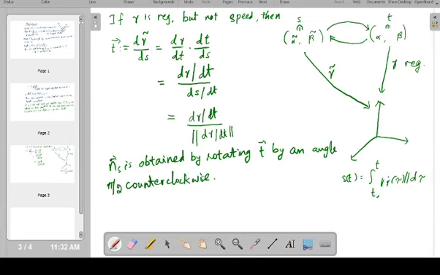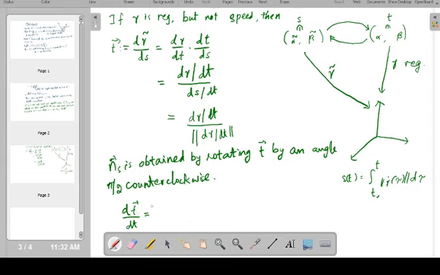And let us compute gamma double dot. So let us compute dT by dt, because I may not be able to compute a unit speed reparameterization always.